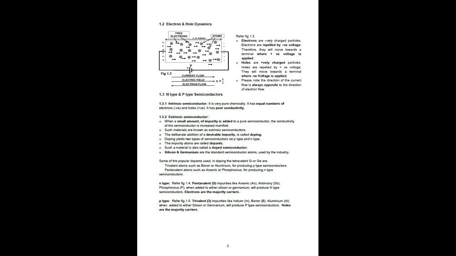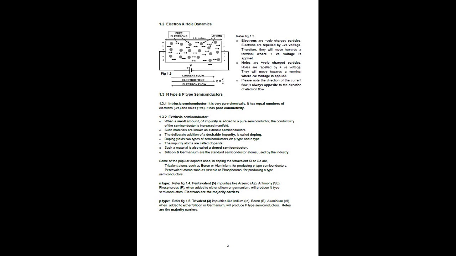Intrinsic semiconductors are those which are pure and no doping is involved. Because of no doping, their conductivity is very poor. So in order to improve its conductivity, we have to make it extrinsic.